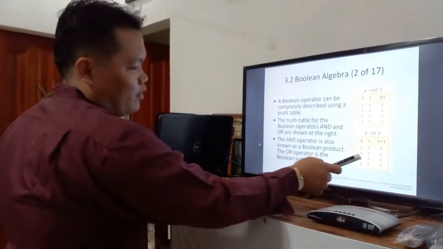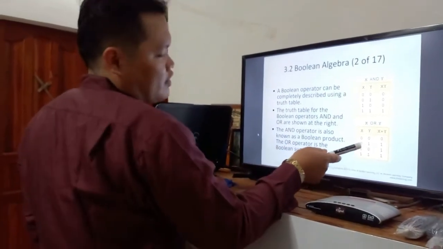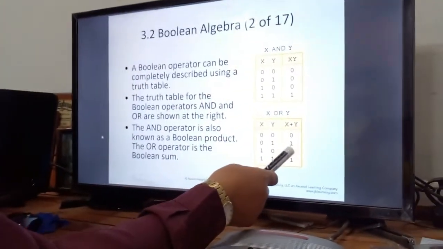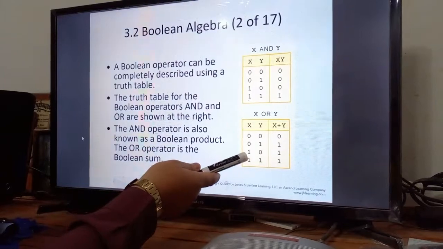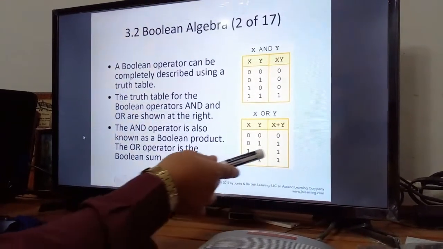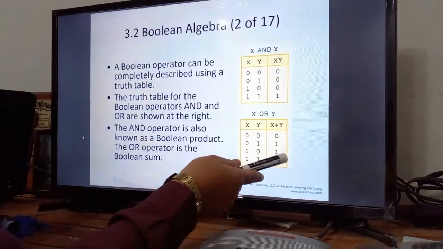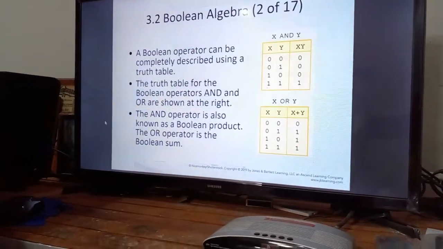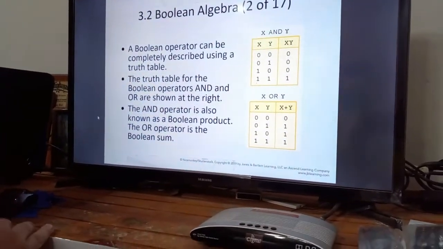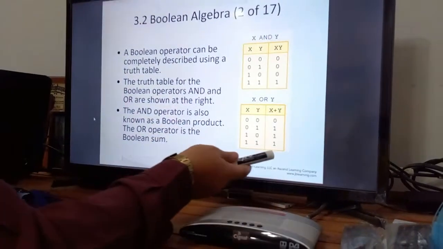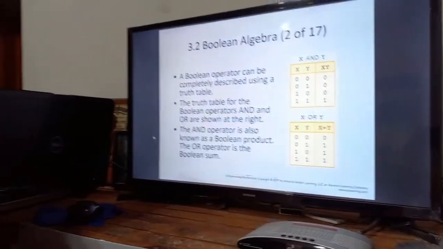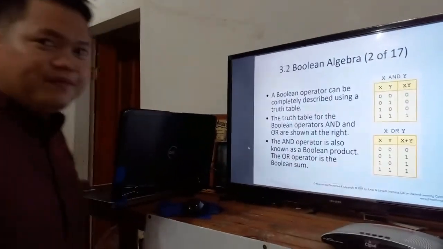For example, if your first statement is false and the second one is true, your answer will be true. In the third statement, there is a true and one false, so your answer is true. If your statements are all true, meaning all positive or all 1, your answer will be true. So it is the reverse of your AND truth table.